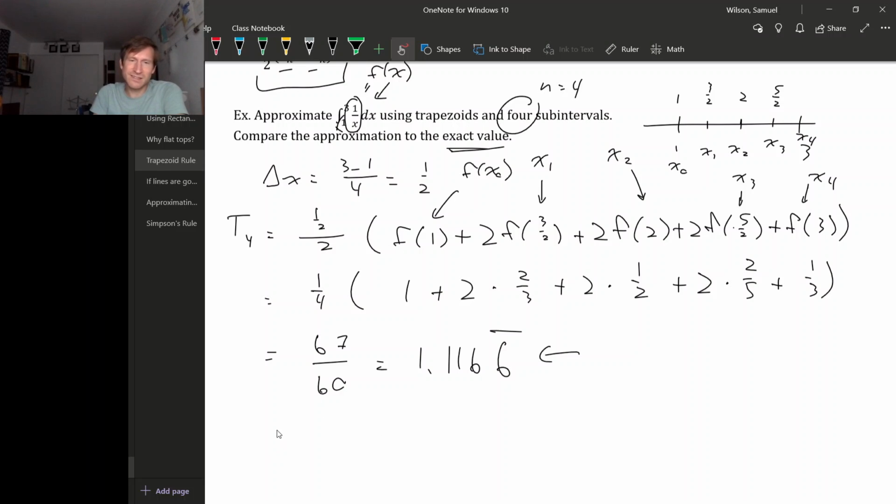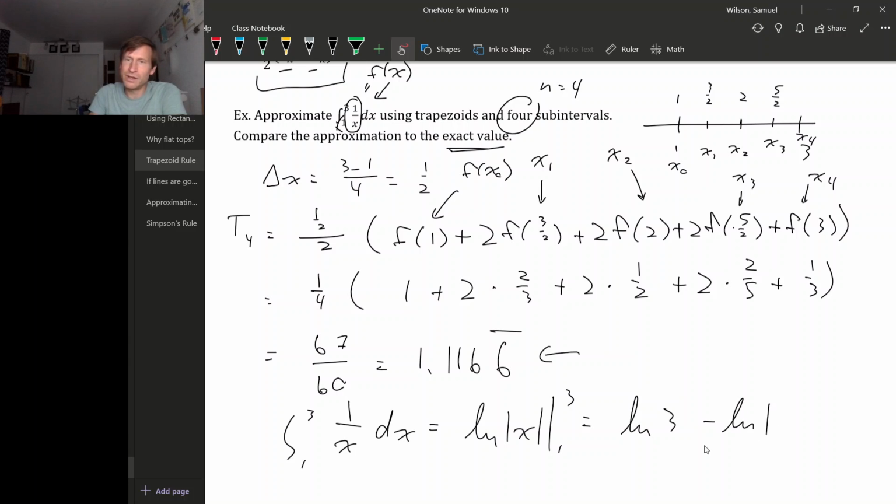Well, let's calculate this integral exactly. So integral from 1 to 3 of 1 over x dx, that's natural log of x from 1 to 3. So that's natural log of 3 minus natural log of 1. Natural log of 1 is 0.